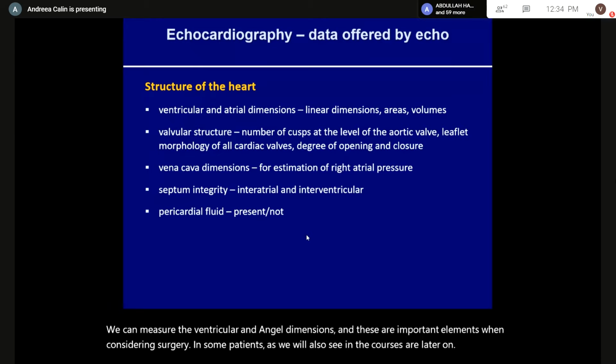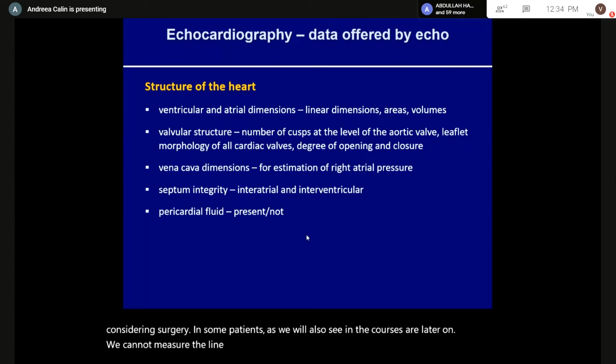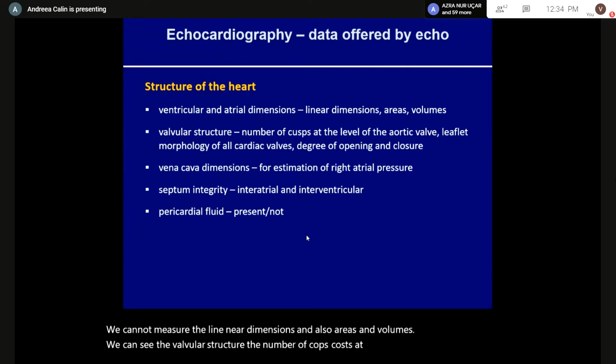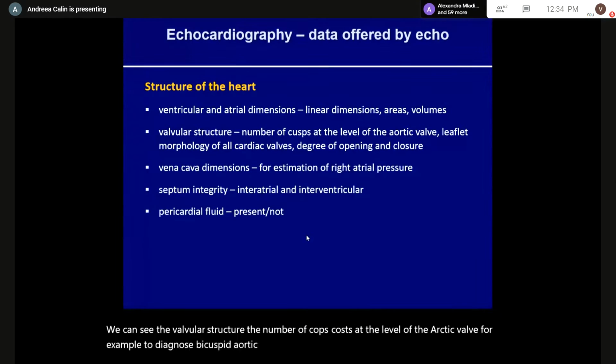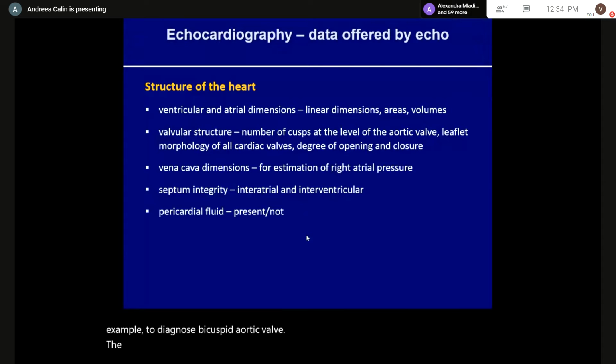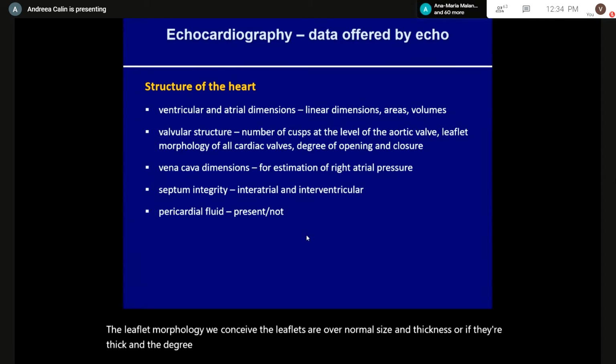We can measure the linear dimensions and also areas and volumes. We can see the valvular structure, the number of cusps at the level of the aortic valve, for example, to diagnose bicuspid aortic valve. The leaflet morphology, we can see if the leaflets are of normal size and thickness, or if they are thickened, the degree of opening and closure.